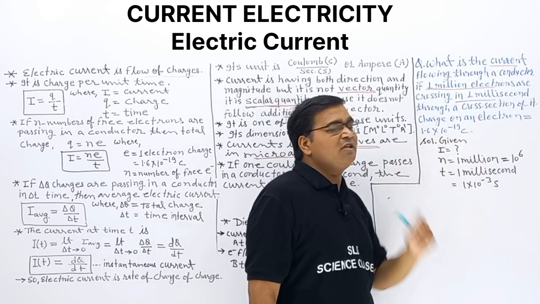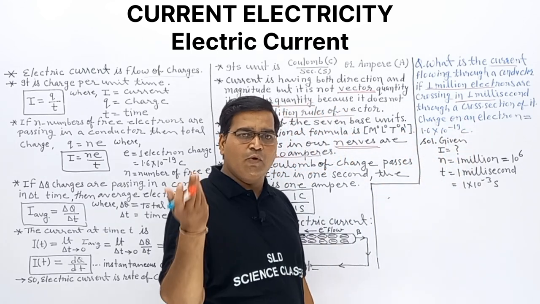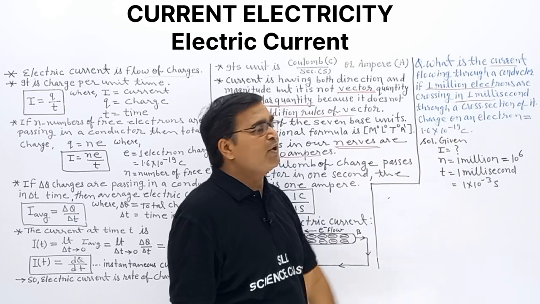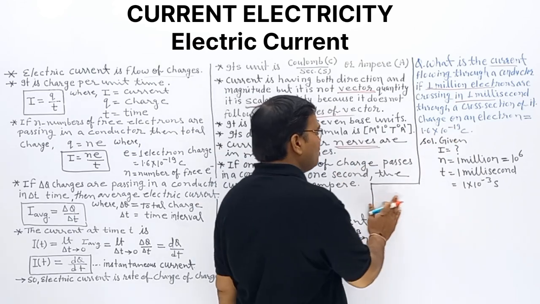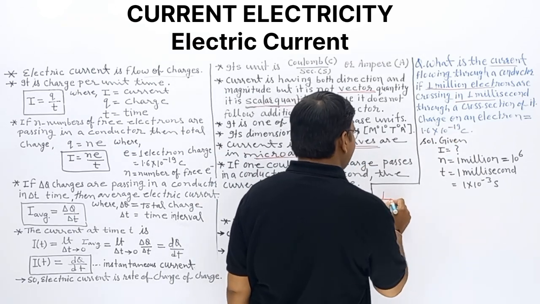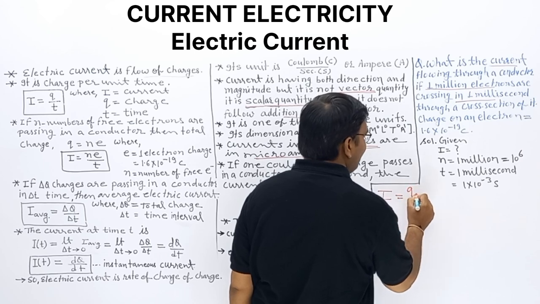Charge of an electron we already know, 1.6 into 10 to the power minus 19 coulomb. So what is the formula of current? Current equals charge per unit time.